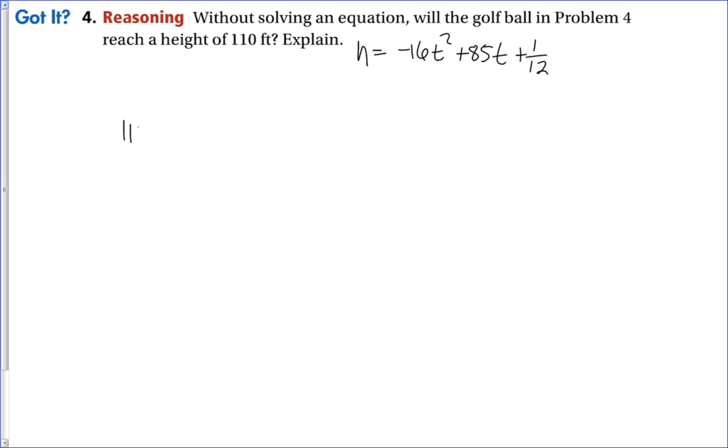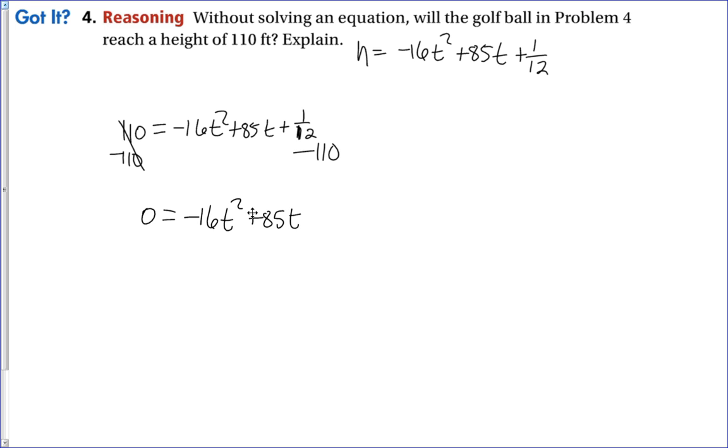All right, so it's going to be 110 equals the negative 16t squared plus 85t plus 1/12. That's a 12. So minus the 110, minus the 110. So we have 0 equals negative 16t squared plus 85t minus 109 and 11/12.